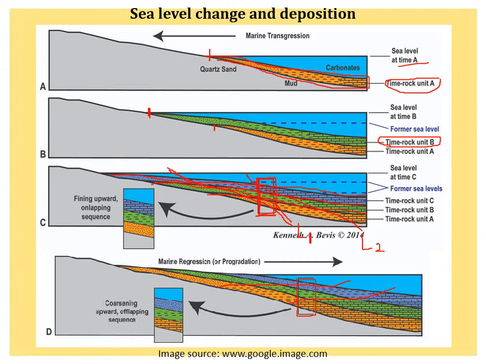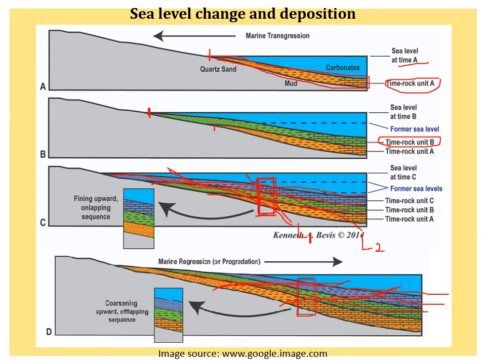Similarly here also, this one is time A boundary, the above one is time B boundary, and the last one is time C boundary. So again you can see the litho boundary cross cuts the time boundary. That is why lithostratigraphic unit boundaries are diachronous. That means they cross cut the time boundary.